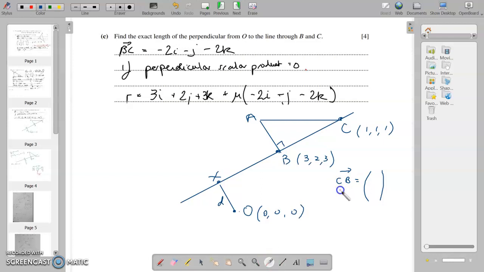Vector CB is just going to be 3 minus 1, 2 minus 1, and 3 minus 1. And so we've got vector CB, the direction vector of that line, and we just need a point it passes through. Well, we don't know that point, but we do know these two. Let's use C because it's a nice simple point.